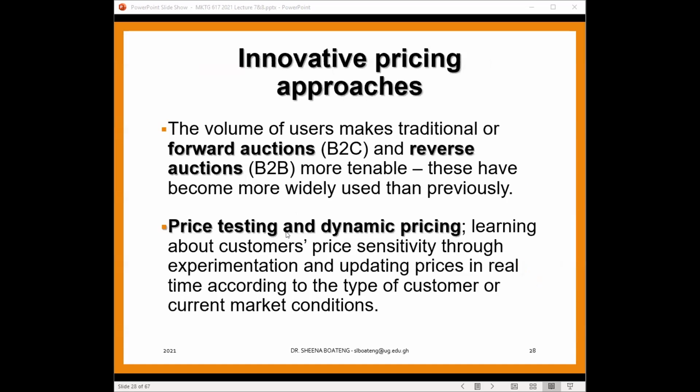Next, we can talk about innovative pricing approaches, and these include forward auctions and reverse auctions. Now, forward auctions often are implemented in the B2C market, where businesses or individuals who are selling items post their items online and buyers get the opportunity to bid on these items.